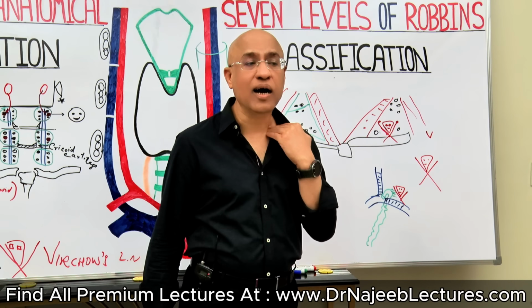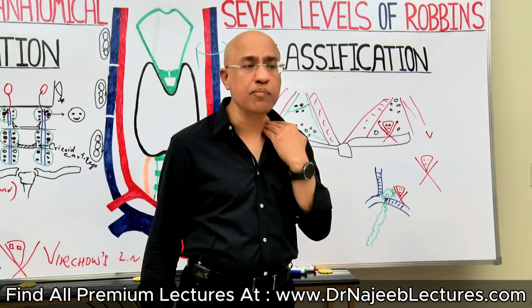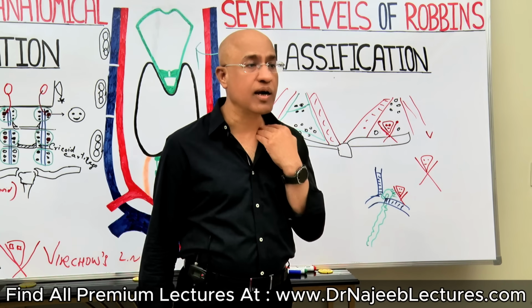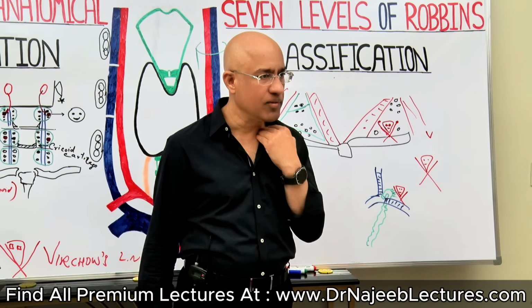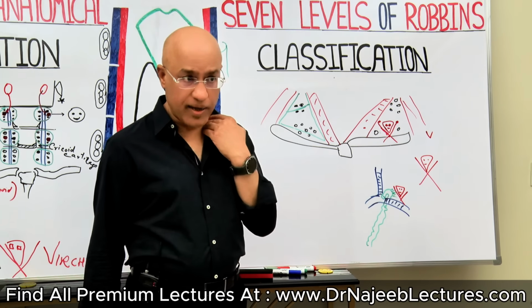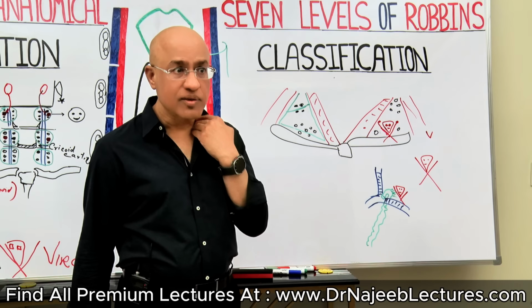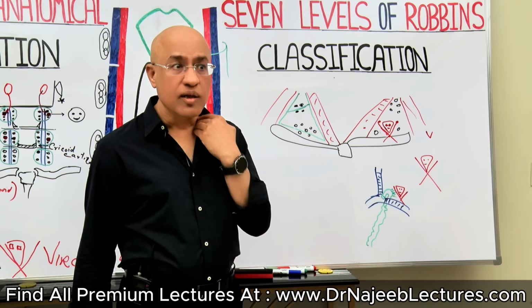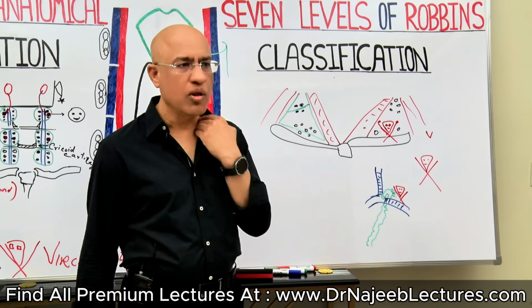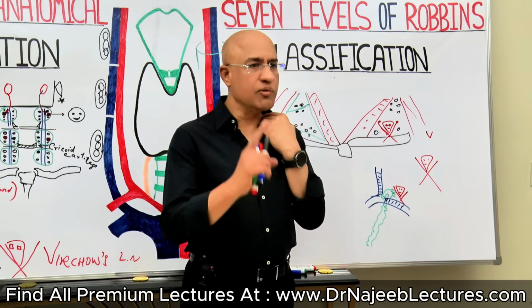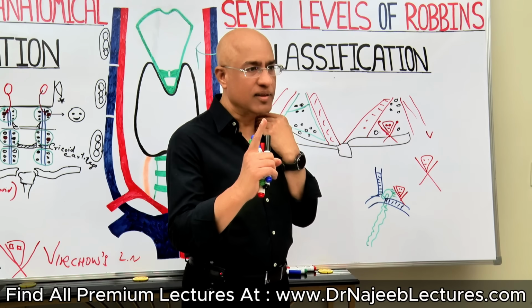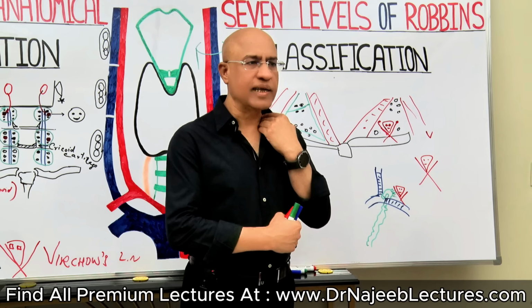So finding a hard, firm, painless and fixed mass here is a very big red flag if you palpate such a mass in this area. Why? Because it signals metastatic deposits here. Now, if you have to remember one cancer, just remember gastric cancer.